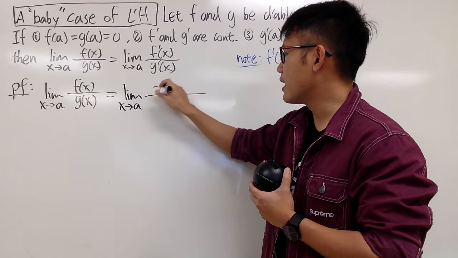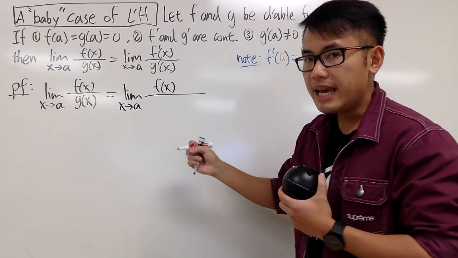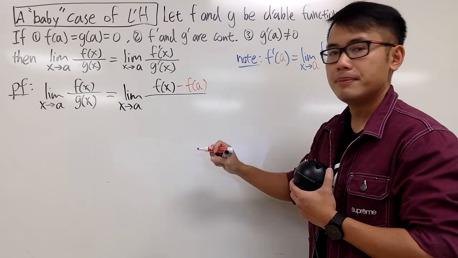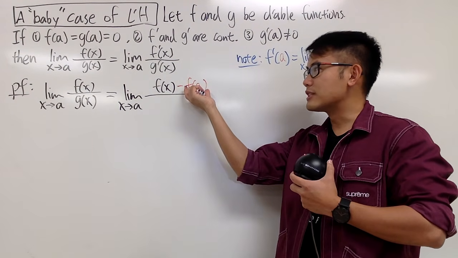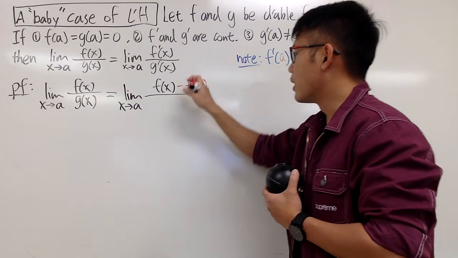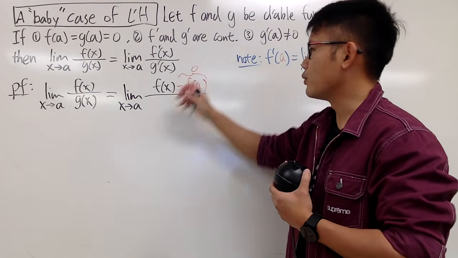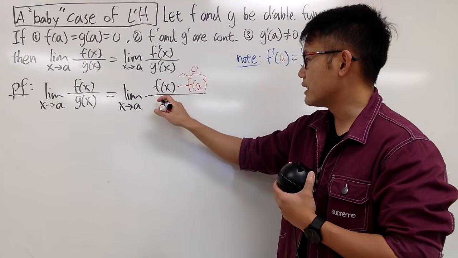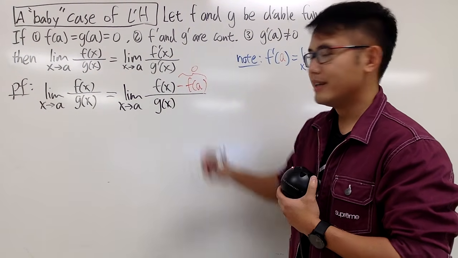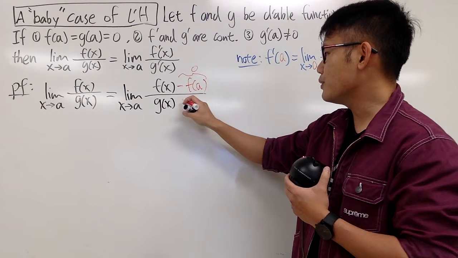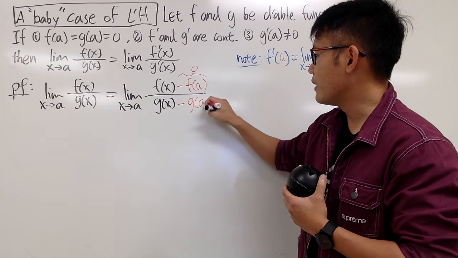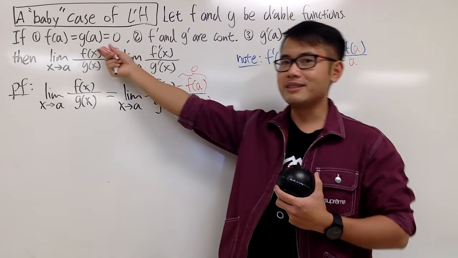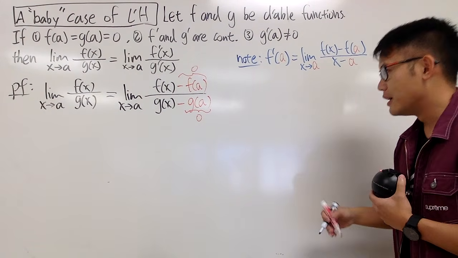I'm just going to write down f of x, and I will subtract f of a on the top. Once again, this is just subtracting 0, so we are not changing the value of the original expression. And on the bottom, of course, let's write down g of x. And you guessed it, let's go ahead and minus g of a, because this is just as equal to 0 as the other one, isn't it?